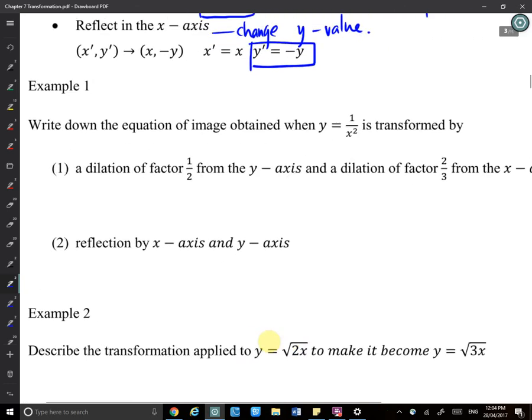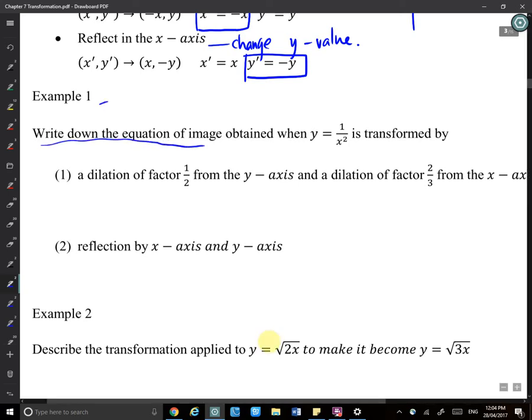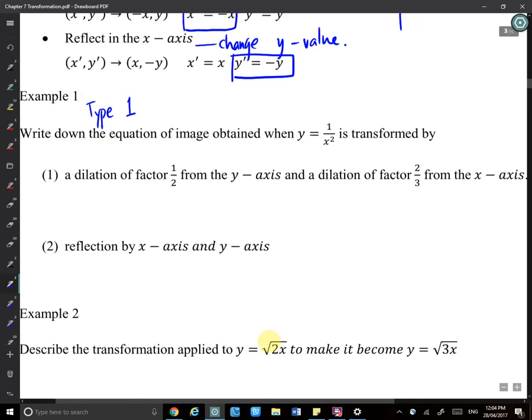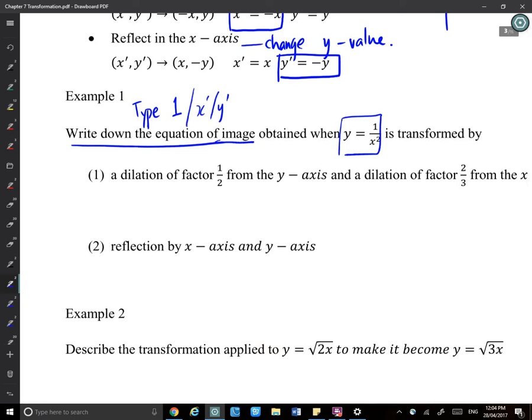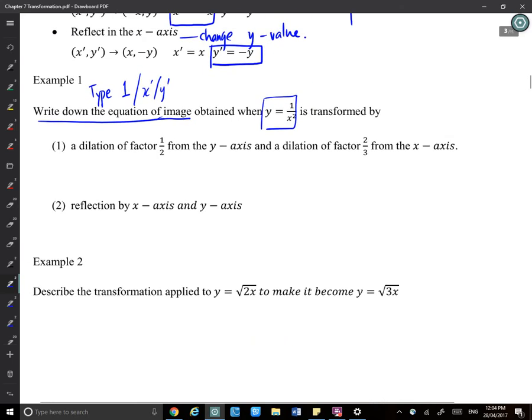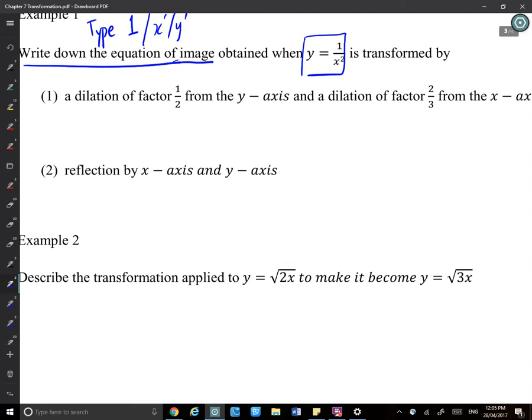Okay, let's have a look at example 1. Write down the equation of the image. That will be a type 1 question. Write down the image equation, so it must be in terms of x dash and y dash, obtained when y equals 1 over x squared is transformed by a dilation of factor a half from the y-axis.